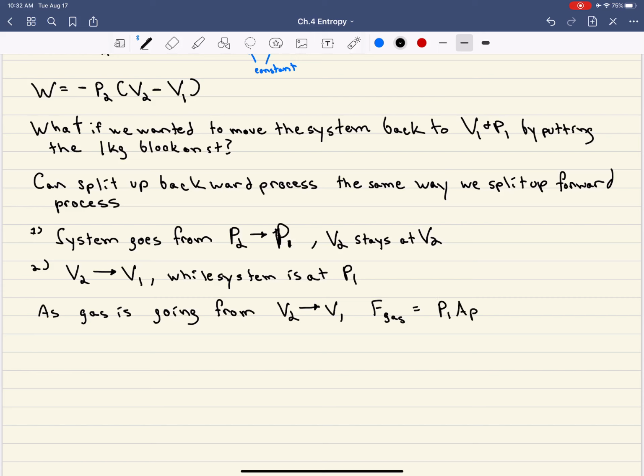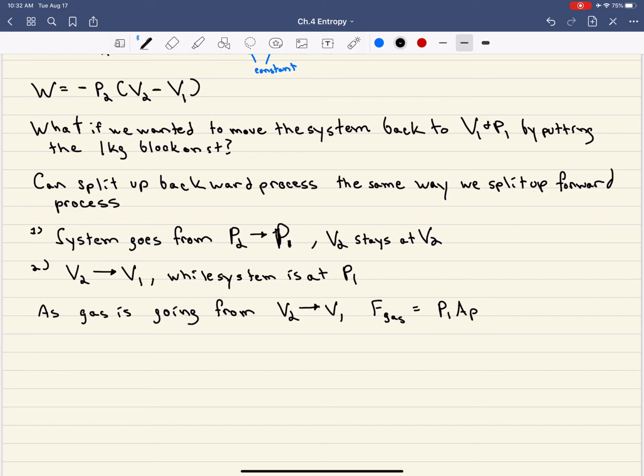Right? And so if the work we calculated previously was the forward work, so work forward was equal to this, we could also calculate the work required of the backwards case. Or I'll just call it back.